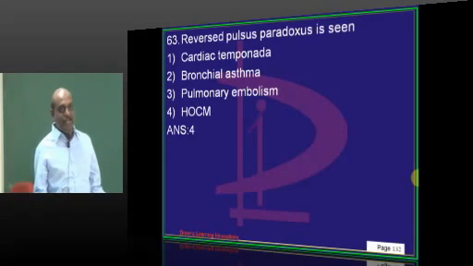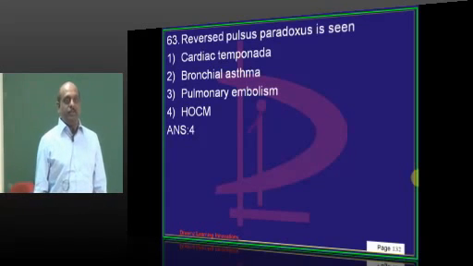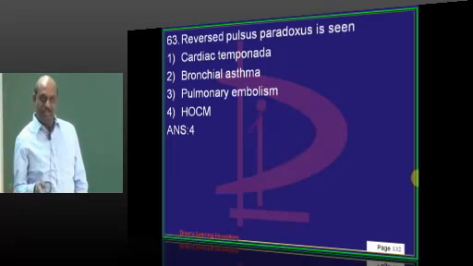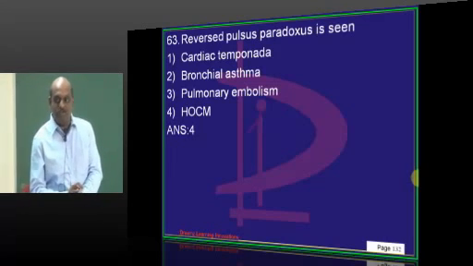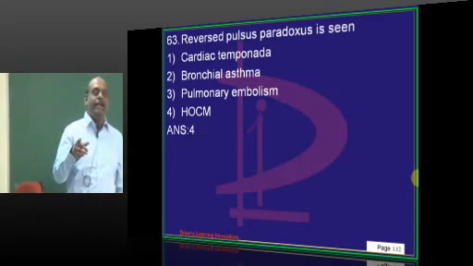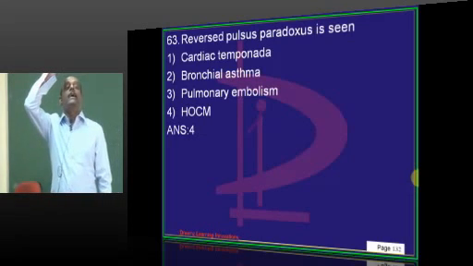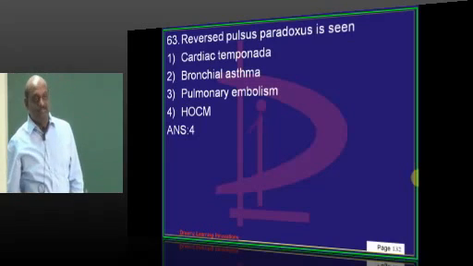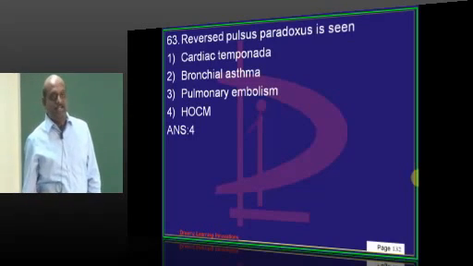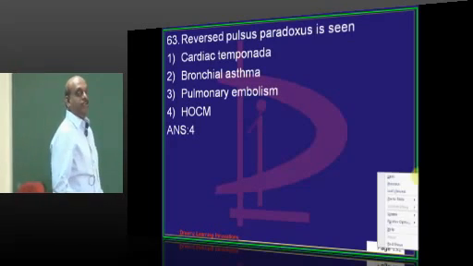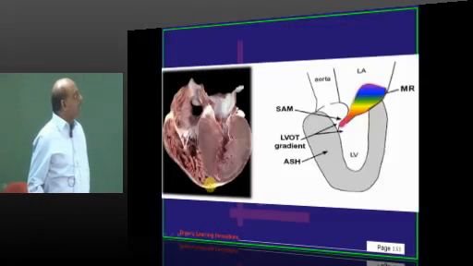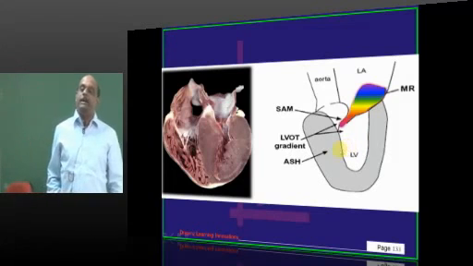What does reverse mean? At the time of inspiration cardiac output should increase. In the regular pulsus paradoxus it decreases, so reverse means that with inspiration cardiac output should increase. So where will you see that? Typically in HOCM. Why in HOCM? Basically in HOCM what is the problem?